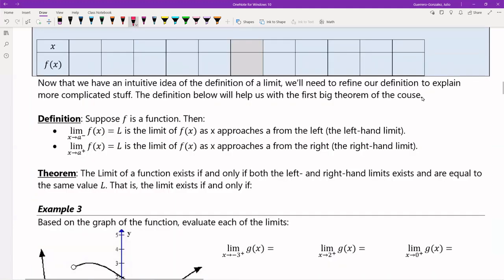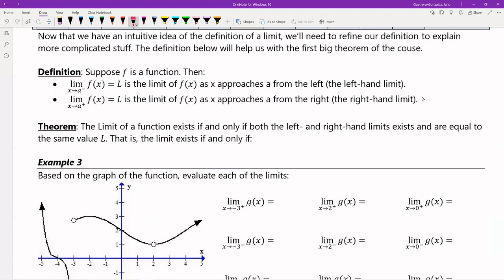Okay, moving on. So now that we have an intuitive definition of what a limit is supposed to be doing, we're going to refine that definition a little bit more, and that definition is this right here. They look the same as what I've been writing up above, with the exception that one of them has a little plus as an exponent, and the other one has a little negative as an exponent. These are what we call the left-hand and right-hand limits.